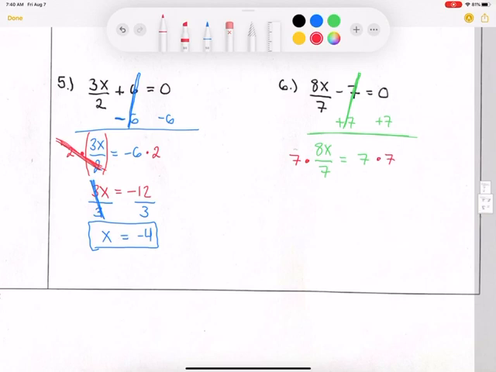So that the denominator gets canceled out. And I have 8x equals 49. Now to get x by itself, I simply divide both sides by 8. And I have x equals 49 over 8.